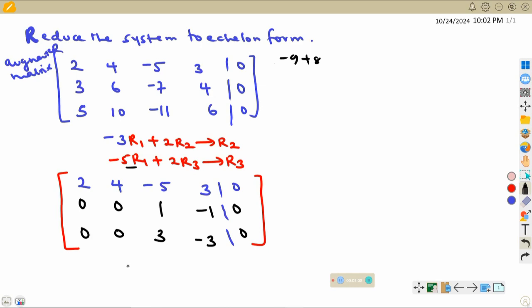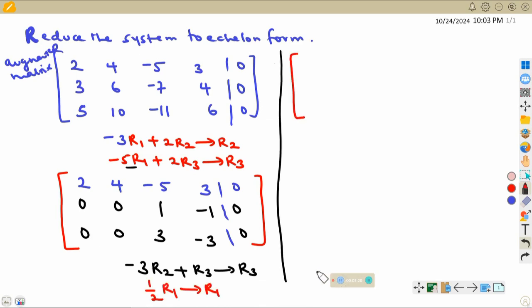Next operation, we can apply -3 in row 2 plus row 3 to give us row 3. We shall also apply a half in row 1 to give us row 1 to make this one 1. So we shall have 1, 2, -5 by 2, 3 by 2, and 0.